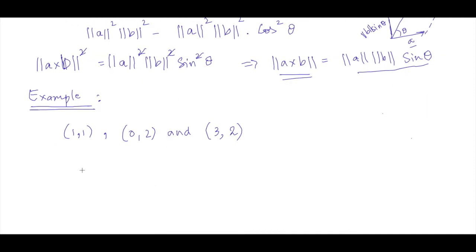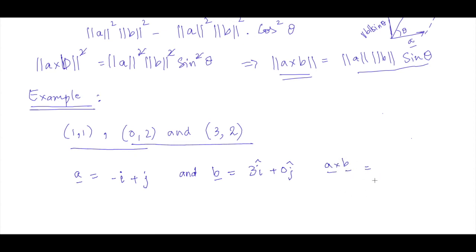Okay, so your A vector is the vector joining the first 2 points. So this is 0 minus 1, which is minus 1i, and 2 minus 1 is plus 1j. And then B is the vector joining the next 2 points, which is 3 minus 0 is 3i and plus 0j, correct?